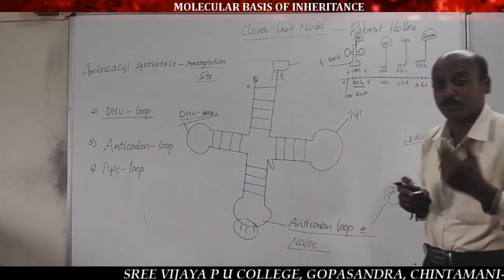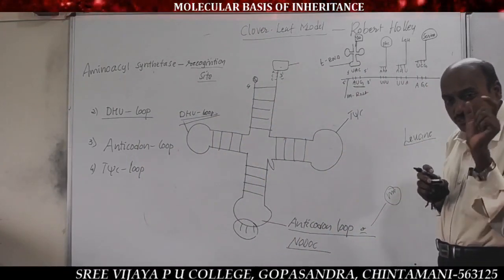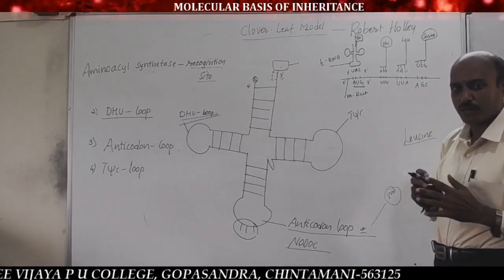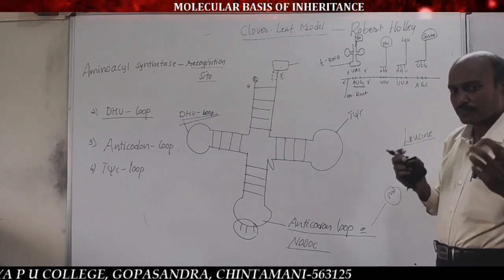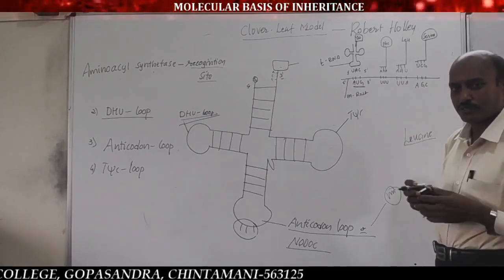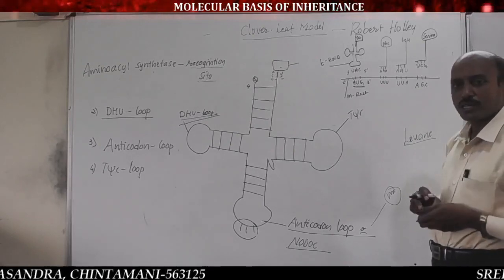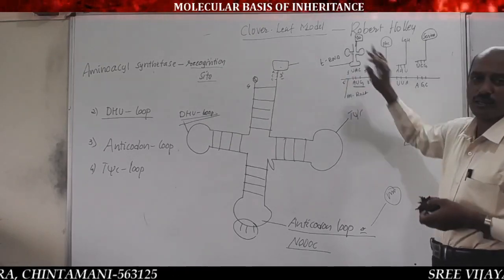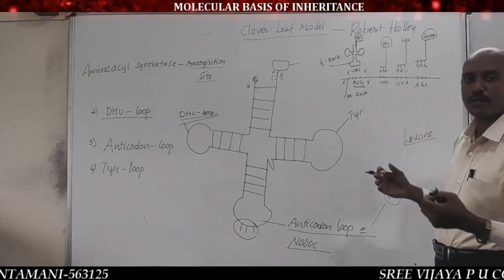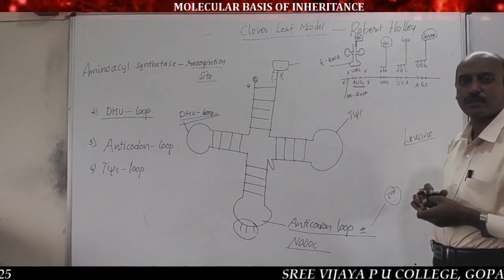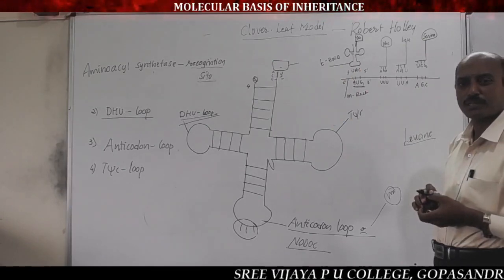Each statement or word carries 1 mark. The answer is mRNA and tRNA. Codons are present on mRNA, anticodons on tRNA.